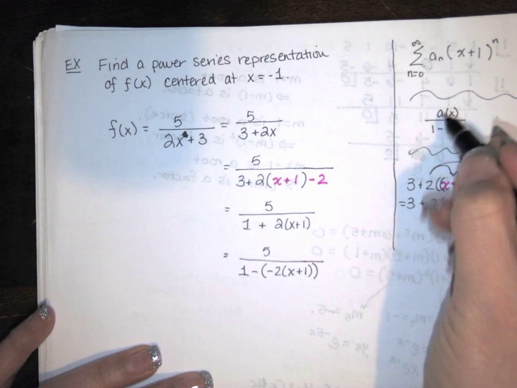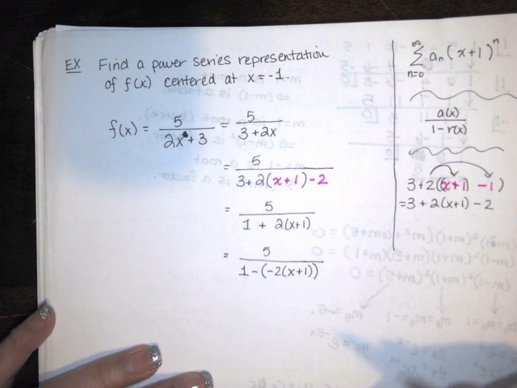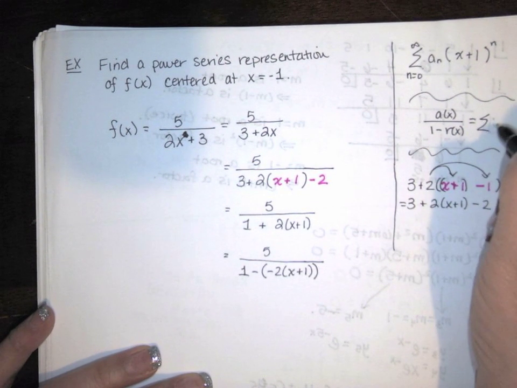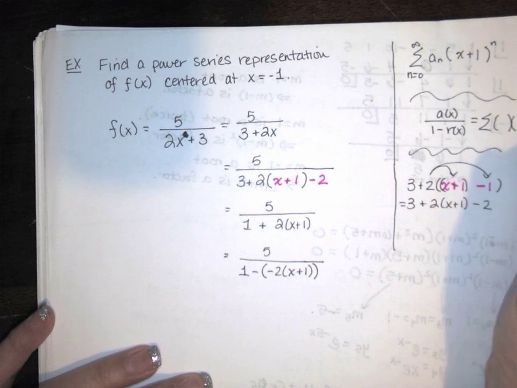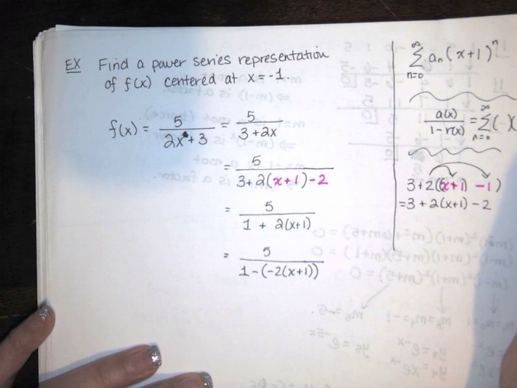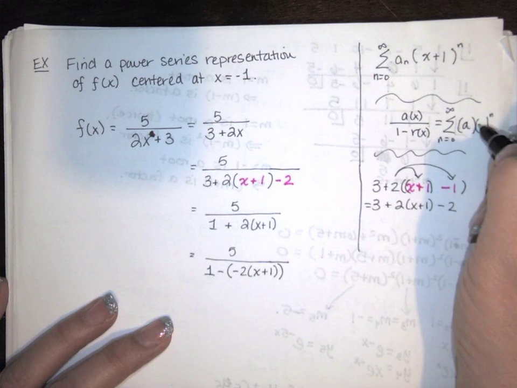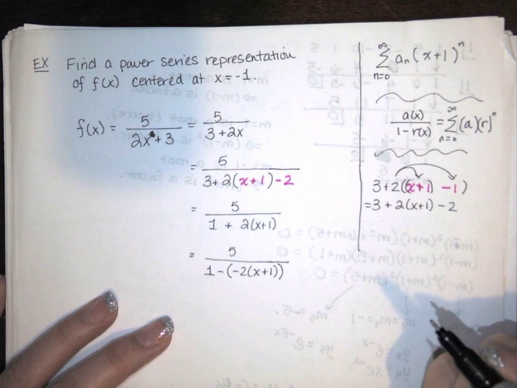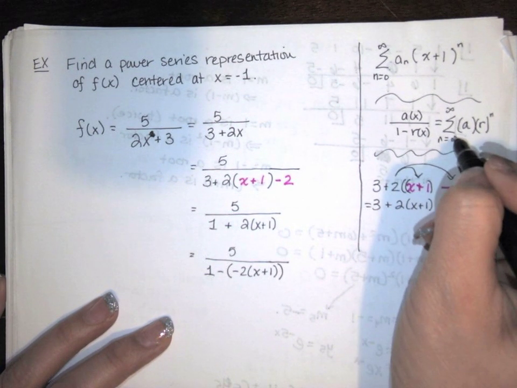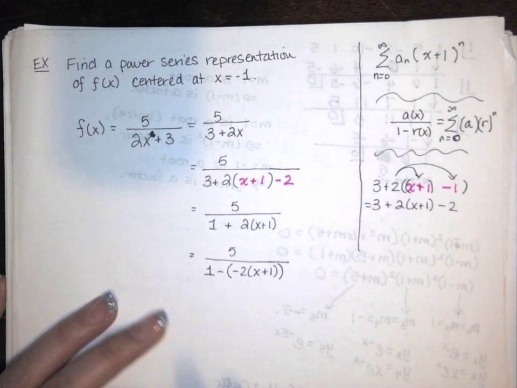And now this looks exactly like that a over 1 minus r. Now remember, that's going to equal this series. You'll have a as a function of x times r as a function of x raised to the nth power, and n starts at 0 over there.